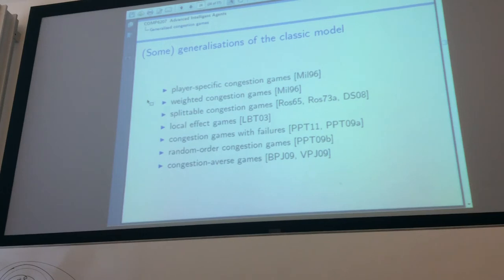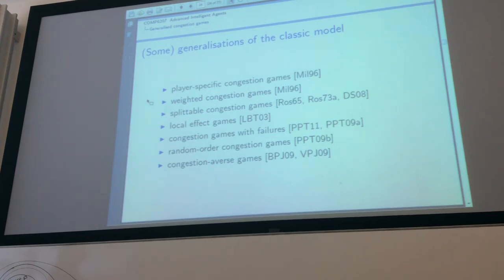Then there are splittable congestion games. They describe situations where you have a bulk of packages that you have to send, and you distribute those in the network. So you have some amount that you have to send through the network, and you just split this amount in the network.